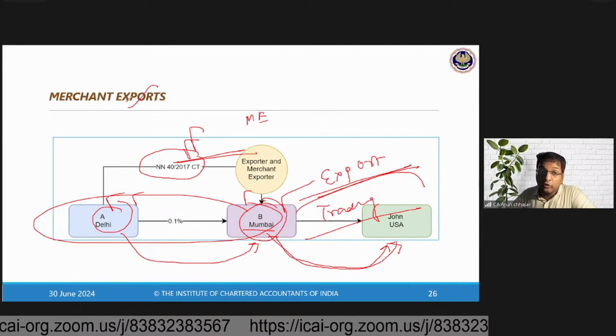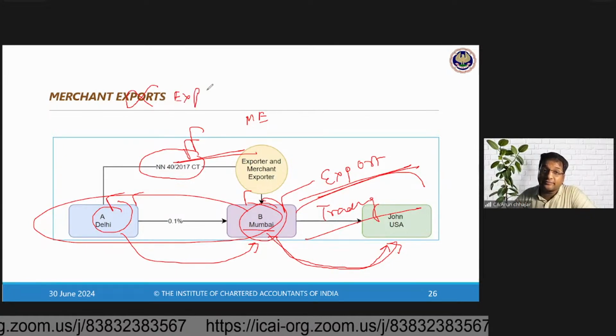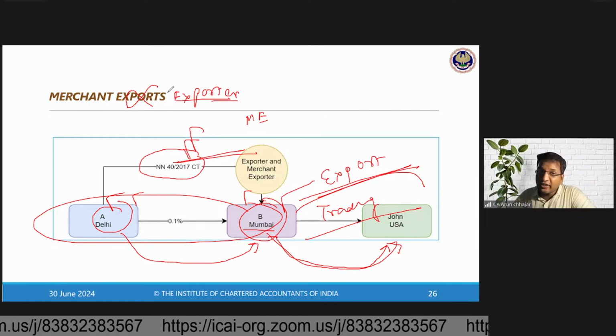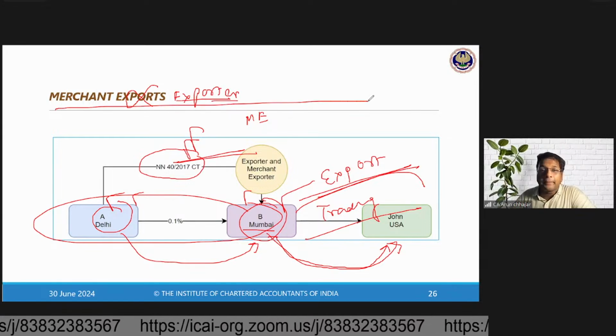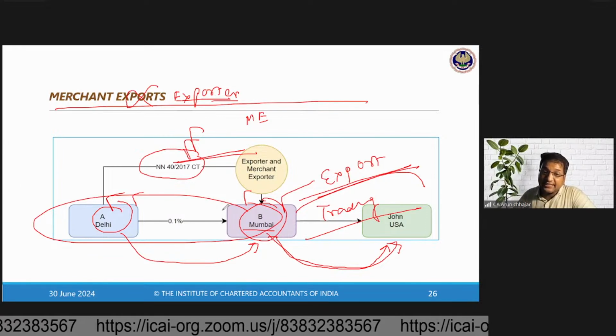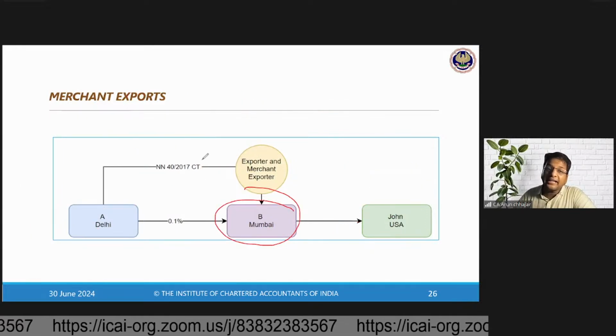See, there is no definition of merchant export. It is merchant exporter, if he is making the supply as it is out of India, and they are satisfying the conditions.